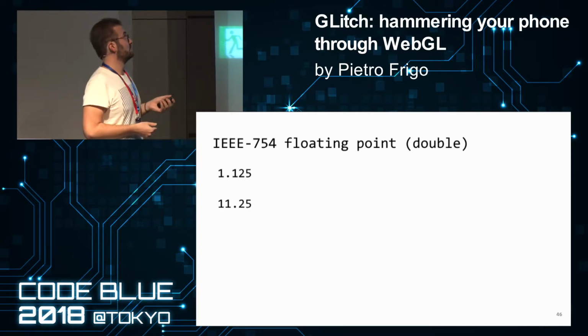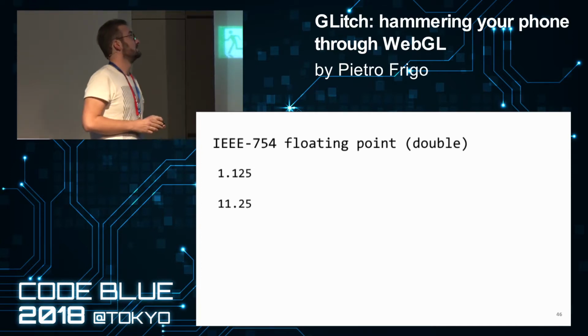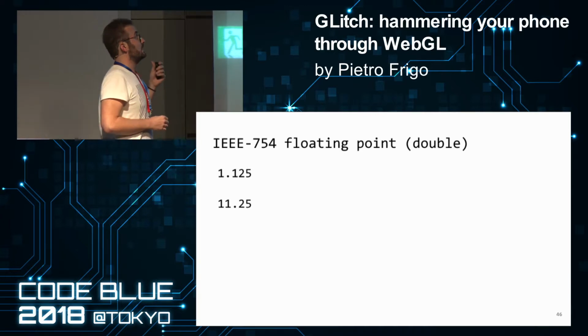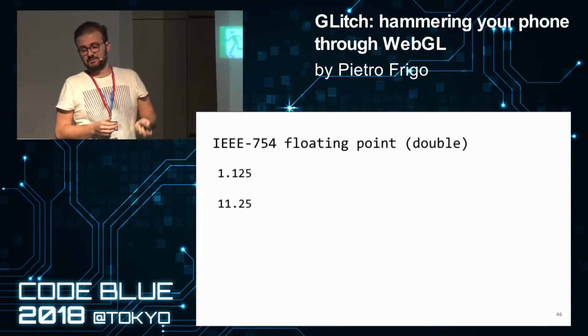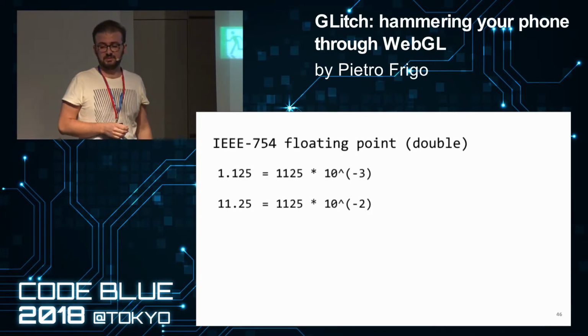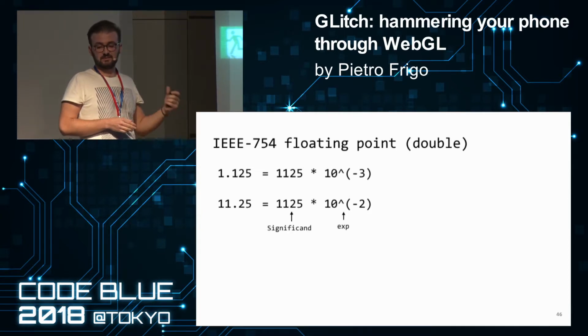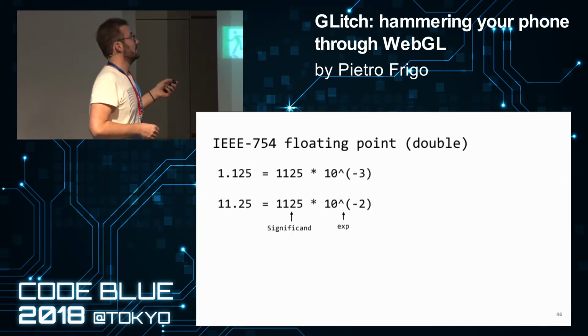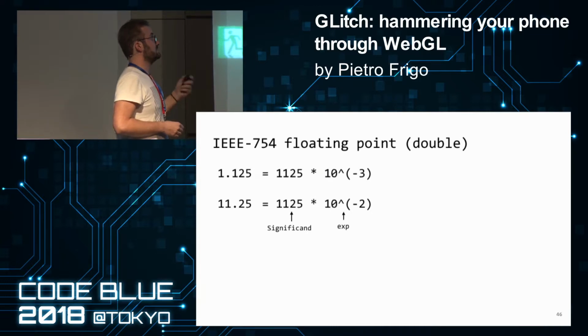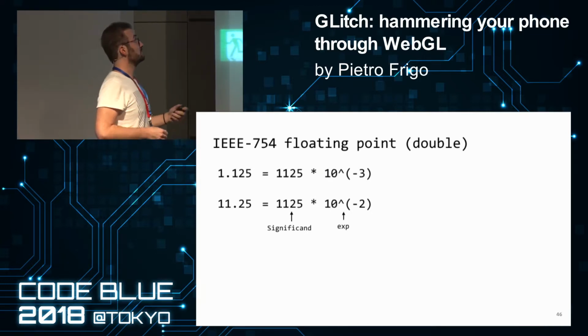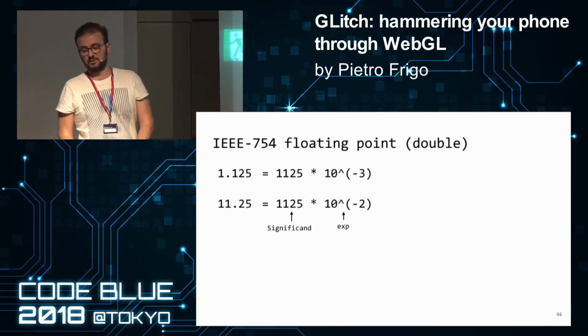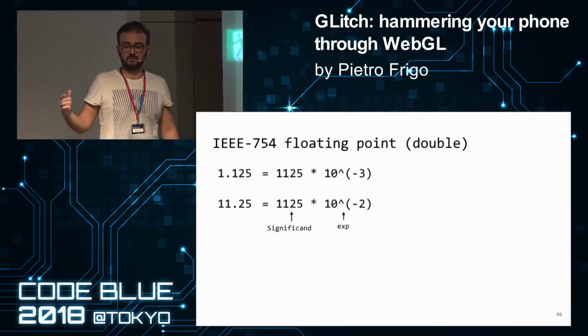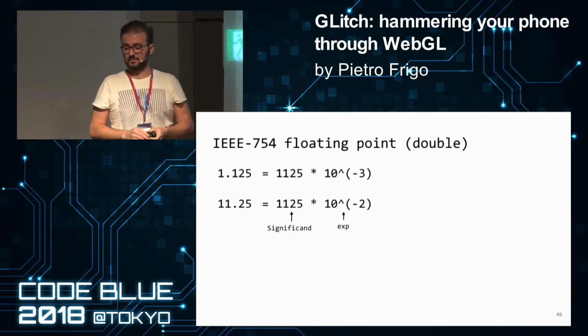So let's say you have these two numbers, 1.125 and 11.25. And the way this is usually stored is by using the exponential notation. So what you do is you just get the significand and the exponent. And the significand, in this case, you see is the same. So you would have 1125 times a different exponent. So one is 10 to the power of -3, and the other one is to the power of -2.